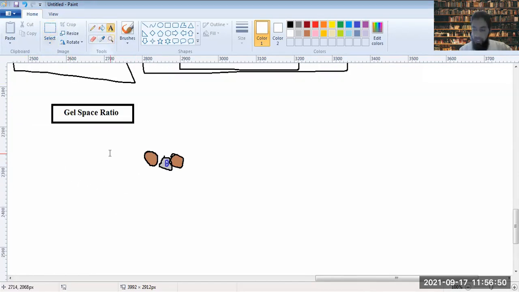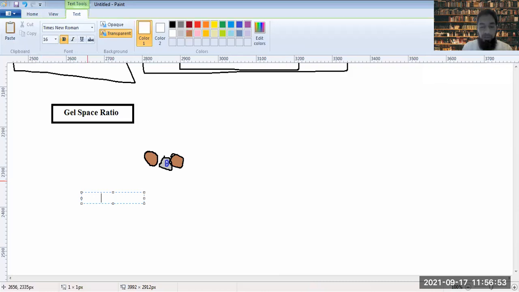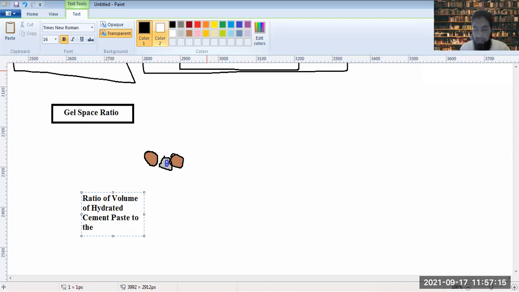Between the volume of the gel. So it's the ratio of the volume of hydrated cement paste, which is the gel, to the spaces, or the sum of the volumes of the capillary pores and hydrated cement.